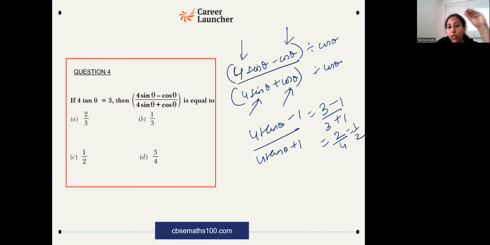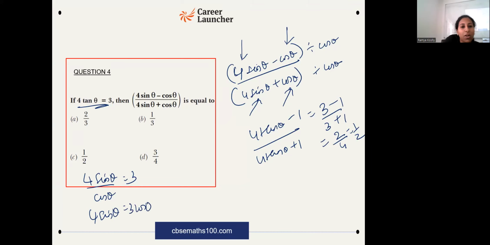So if you divide both numerator and denominator by cos theta, you will get the answer. Some of you may not think of dividing by cos theta. So another short way is, 4 tan theta equals 3 means that 4 sin theta by cos theta is equal to 3. That means 4 sin theta is equal to 3 cos theta. So you can substitute 4 sin theta equals 3 cos theta.